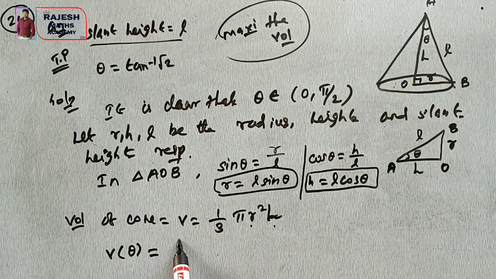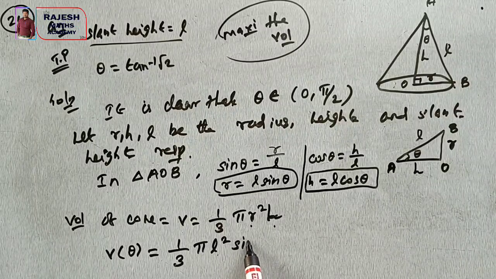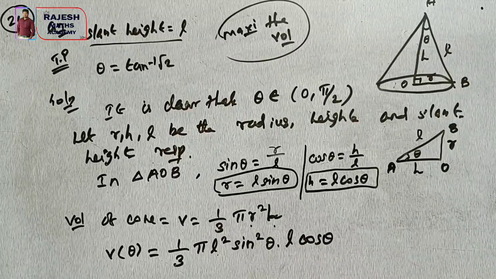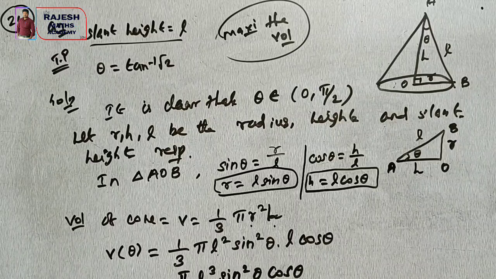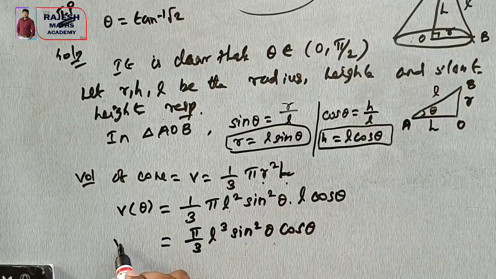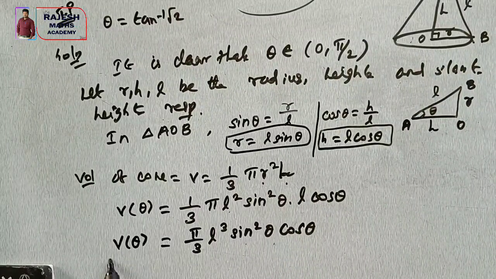V of theta equal to 1 by 3 pi R square, R square means L square sin square theta, into H value, L into cos theta. Simplifying this, we will get pi by 3 into L cube into sin square theta into cos theta. This is the value of V of theta, and I need to maximize V of theta here.